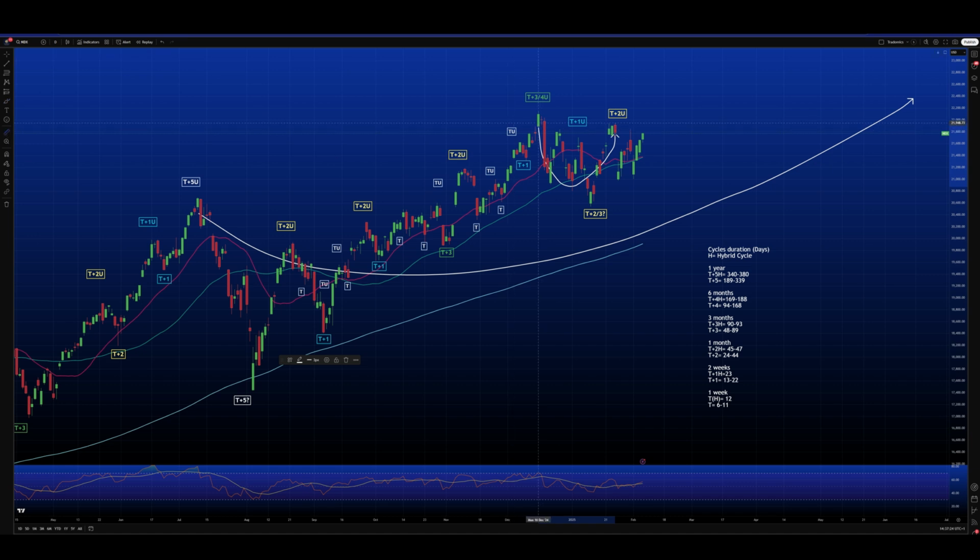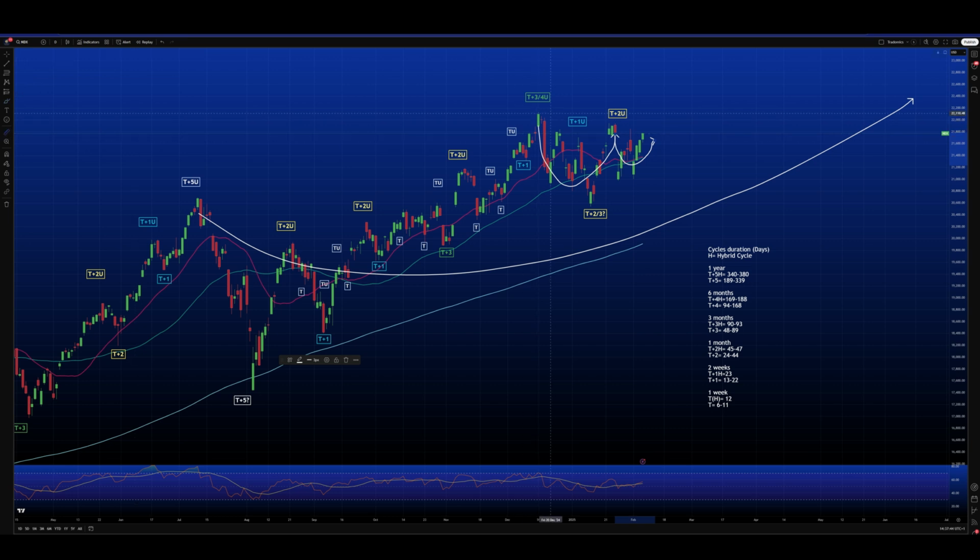And here we have an upward cycle that has lasted for the time being 25 bars. So from this top here, we have already all the conditions by swing and time to have a new T+2 in development.